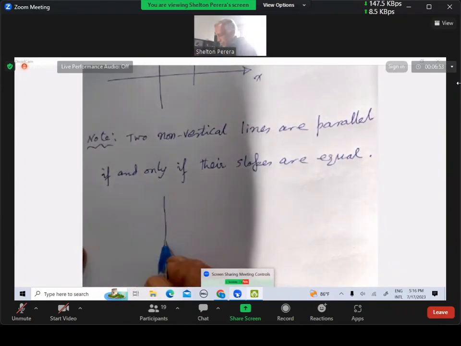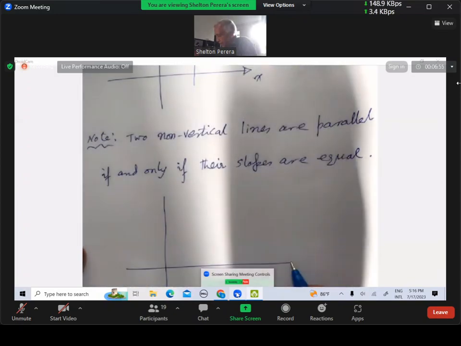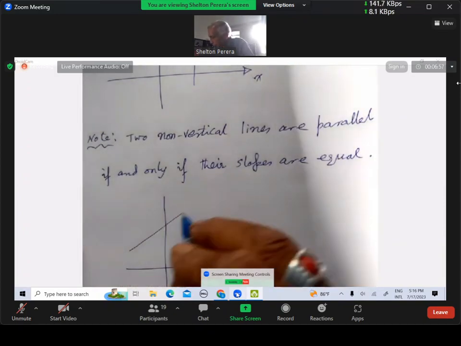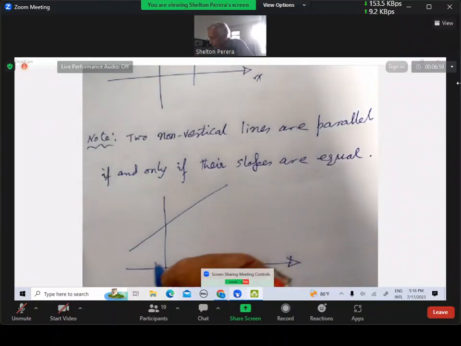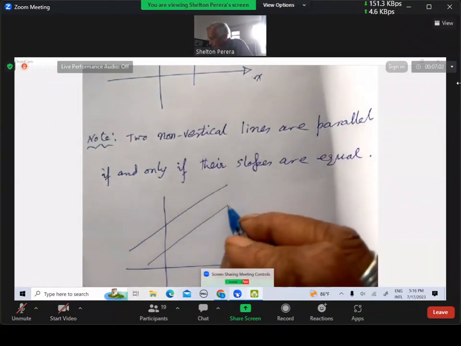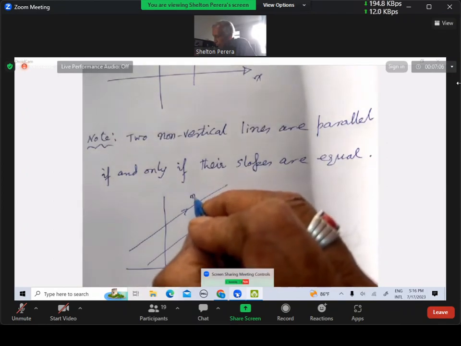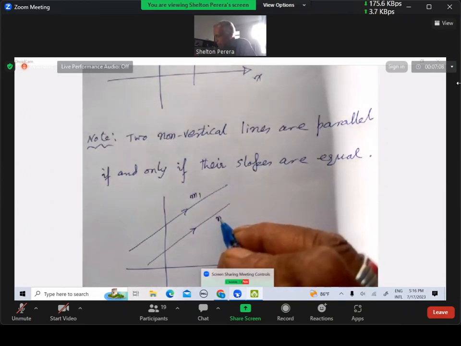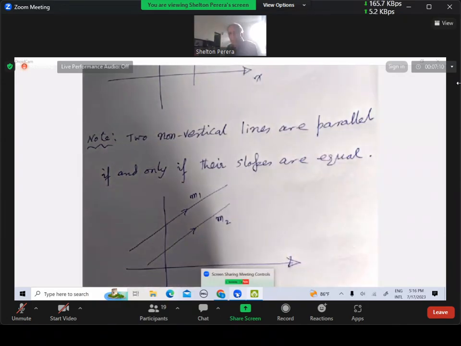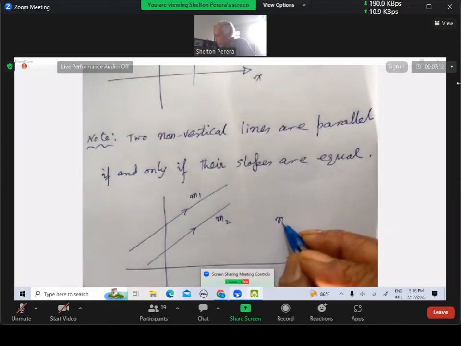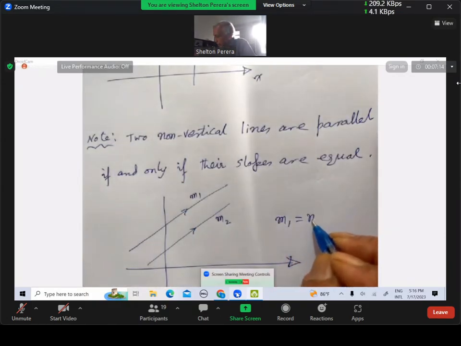Let me draw a diagram for that. Let me draw two non-vertical but parallel lines. These two lines are parallel. Suppose the slope of this is M1, slope of the second one is M2. If they are parallel, M1 must be equal to M2.